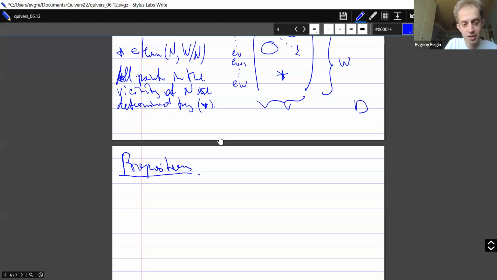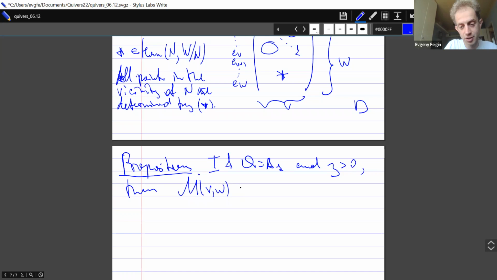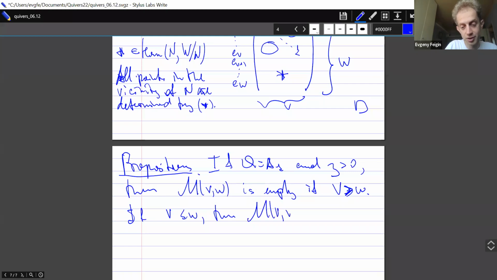So the proposition says that if Q is A1 and the stability condition psi is positive, then the Nakajima quiver variety is empty if V is greater than W. If V is less than or equal to W, then the Nakajima quiver variety is isomorphic to the cotangent bundle to the Grassmannian of V-dimensional subspaces in a W-dimensional vector space.